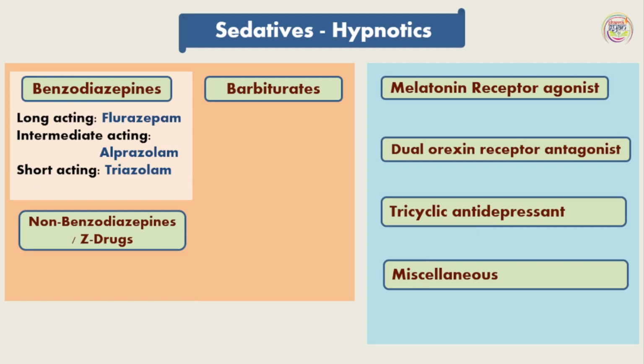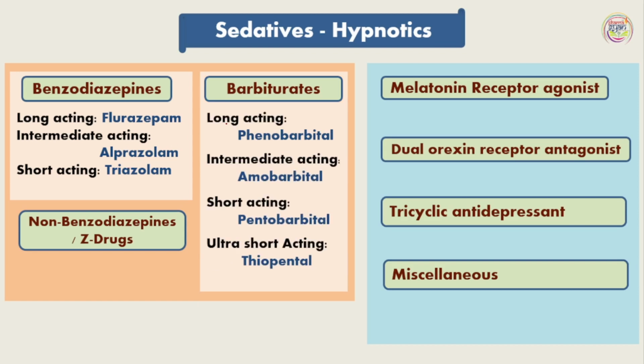Benzodiazepines are further subclassified into long acting, flurazepam, intermediate acting, alprazolam, and short acting, triazolam. Barbiturates are subclassified into long acting phenobarbital, intermediate acting amobarbital, short acting pentobarbital, and ultra short acting thiopental. Non-benzodiazepines, also known as Z drugs, are zolpidem and zopiclone type drugs.